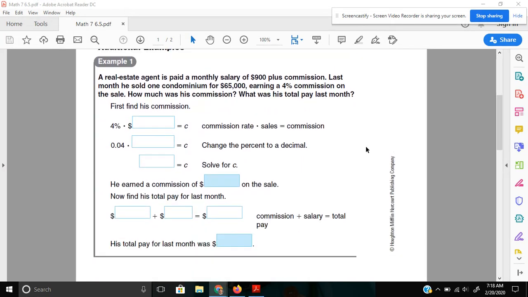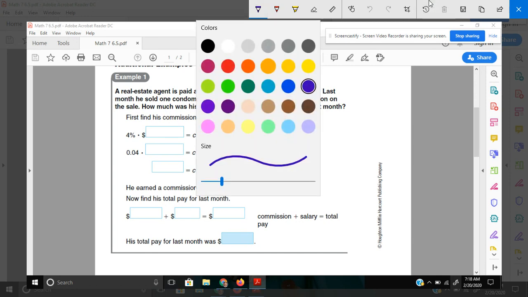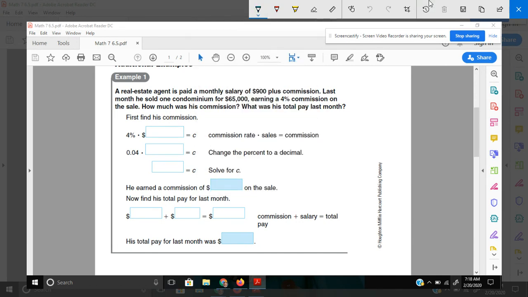We have 3 examples to do today, so it shouldn't take us too long. The first one is a real estate example. A real estate agent is paid a monthly salary of $900 plus commission. You might think, well, $900, that's not a whole lot of money to make in a month.